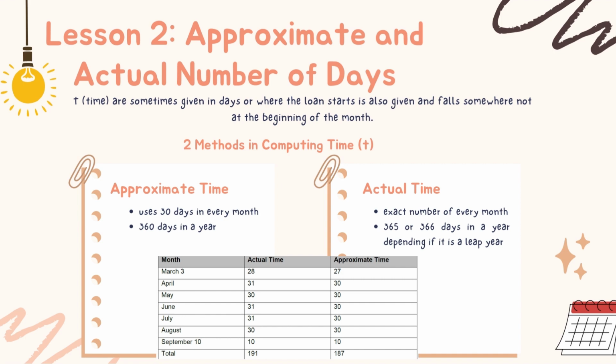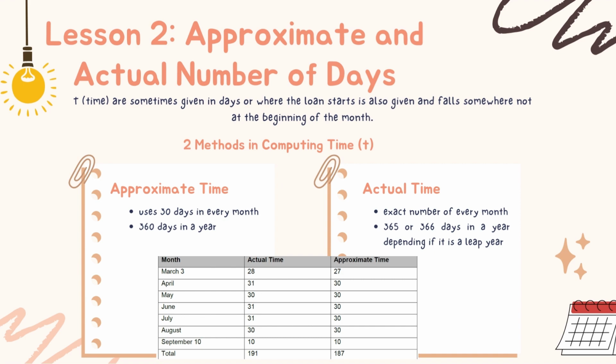In order to compute how many days, what we have to remember is that we exclude the first and include the last. For example, here March 3 is the first, so we exclude it. We do not include it in the count. We go straight to 4, 5, 6, 7, 8, 9 until 31.